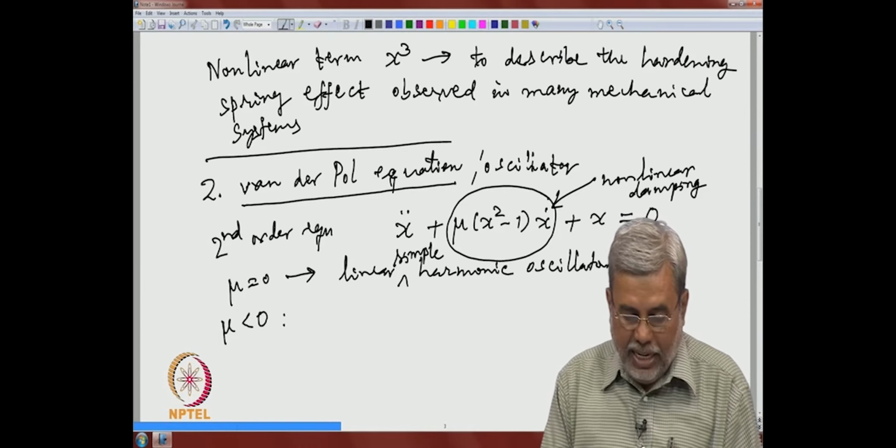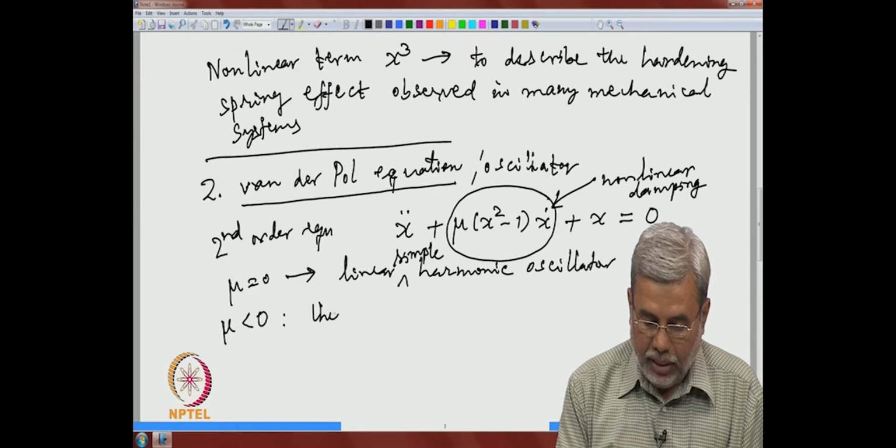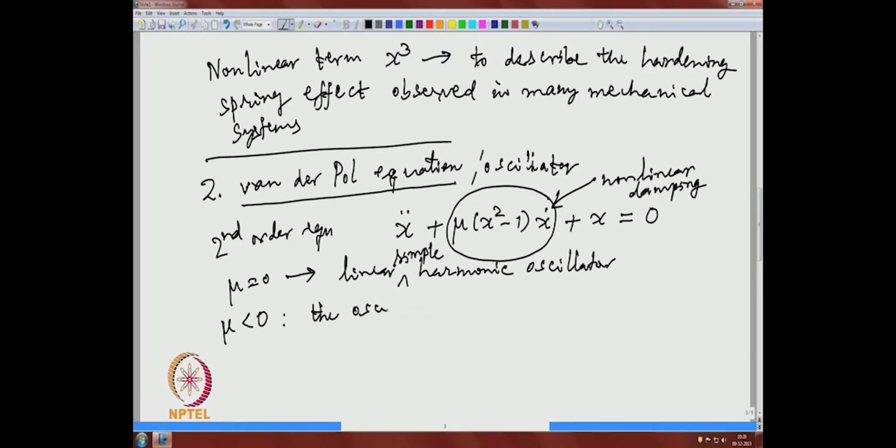So, in the engineering parlance, the oscillator is driven when x is small. We will see what that means mathematically, and damped or slowed down when x is large.